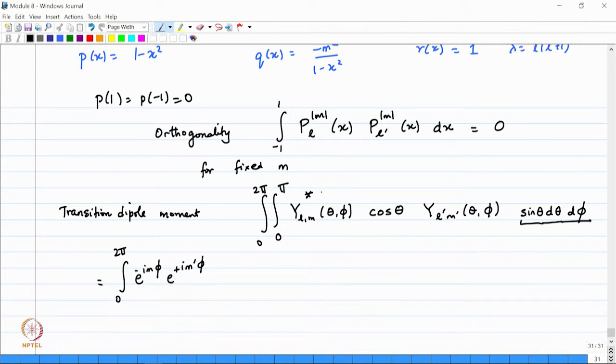The minus came because you took a complex conjugate.